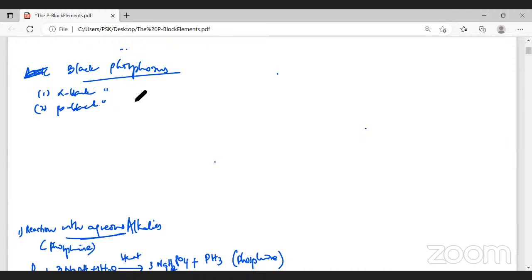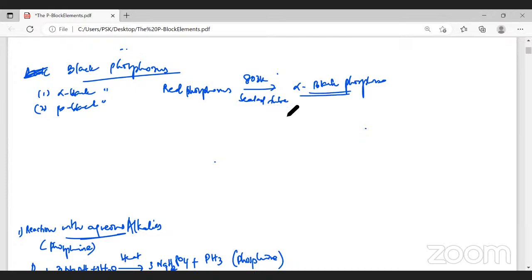Now, this alpha black phosphorus is obtained by heating red phosphorus at 803 Kelvin in a sealed tube, so that we get alpha black phosphorus.